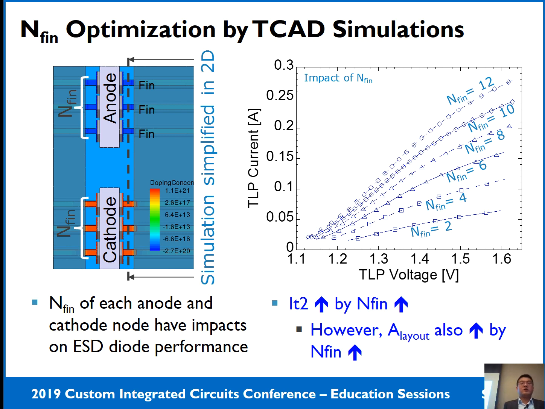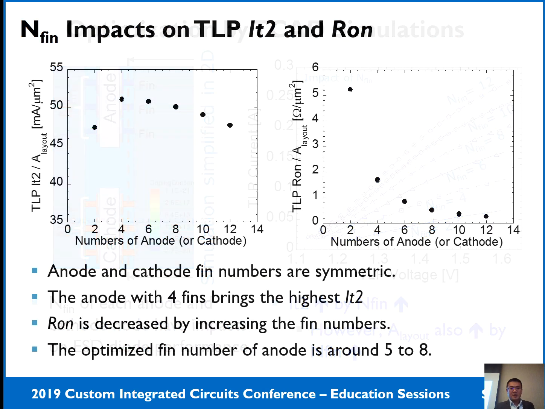However, if you increase the fin number in each fin group, for sure your layout area will also increase. So the It2 normalized by the layout area shows around 4 fins will bring the highest It2 result. In this simulation, the anode and the cathode fin numbers are symmetric. If there are 4 anode fins, there will be 4 cathode fins next to it.